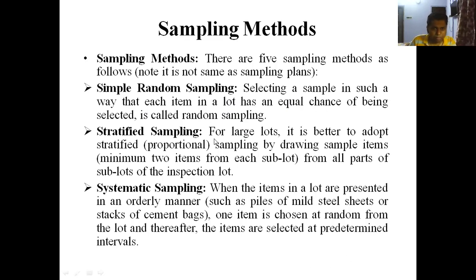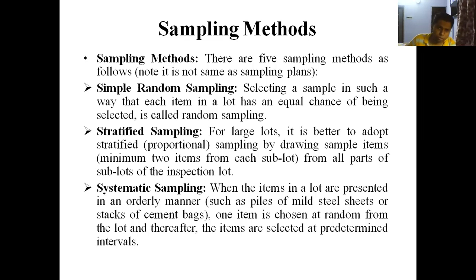Now there is stratified sampling. For large lots, it is better to adopt stratified or proportional sampling by drawing sample items, minimum 2 items from each sublot, from all parts of the inspection lot.